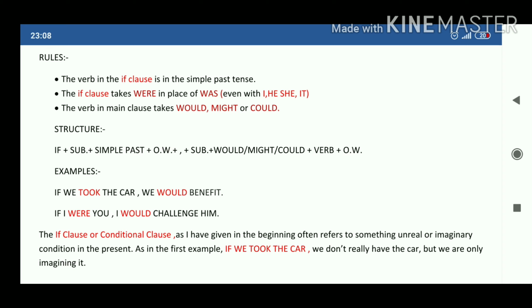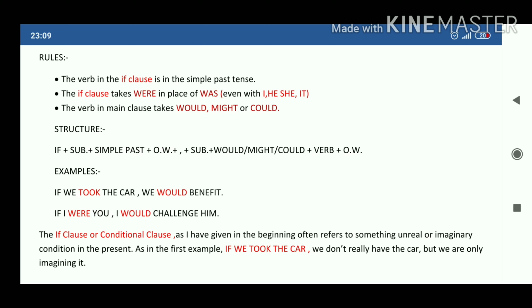Second form belongs to simple past tense. It means the verb given in the if clause belongs to simple past tense, as it is given in rule number 1. And in the main clause, I have used would and the first form, as it is given, benefit. It means I have used the rule as it is given in number three.